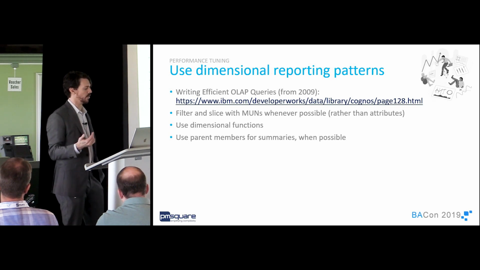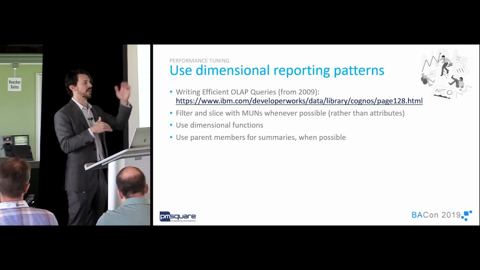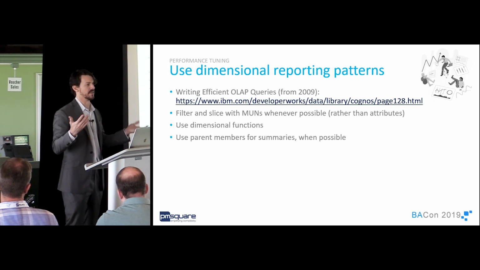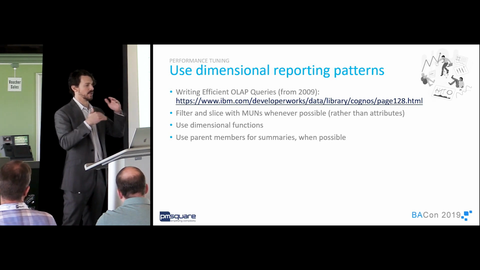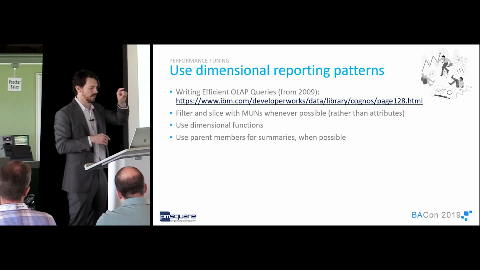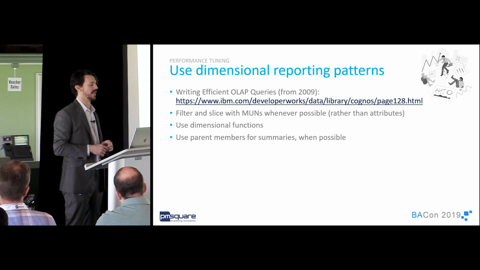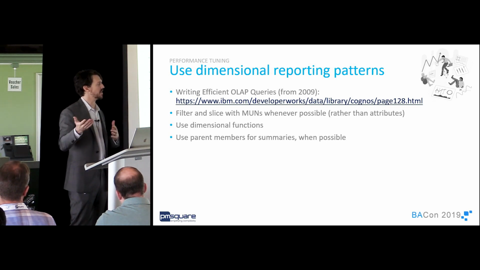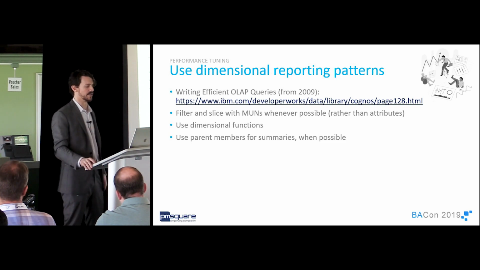Whereas from a dimensional standpoint, oftentimes when you're summing something, it's actually the children of another member. So just to think of it in terms of the time dimension, something everybody's familiar with: rather than sum up 12 months of the year, January through December, just use the year. Put the year element in your report, or get the parent element of those months if it's more dynamic, and then use that as your summary. That way, neither on the TM1 side nor on the Cognos side is there an actual calculation having to happen. You're just pulling the actual value itself.